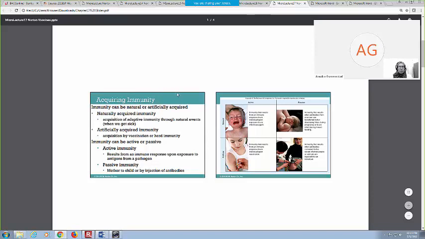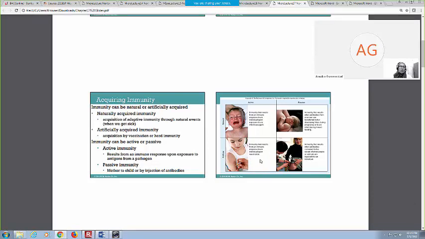So remember that all vaccines are an artificial way of getting immunity. What does immunity mean? You should be familiar with that definition. That just means that you are not susceptible to the disease caused by the pathogen.